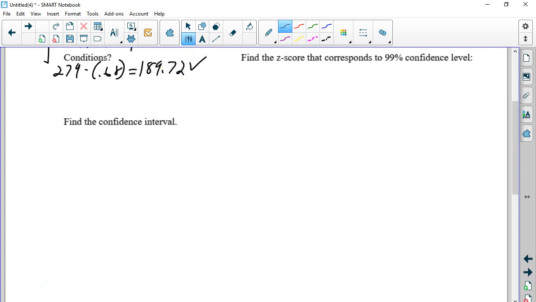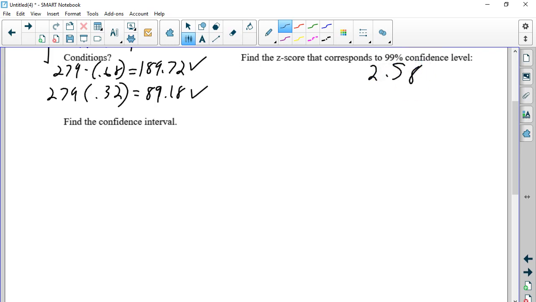Check, that's greater than 10. Then we have to do n, 279, times 1 minus p hat, which is 0.32, and that equals 89.28, which is also greater than 10. So check, both conditions have been met. The z-score, again, we said is 2.58.